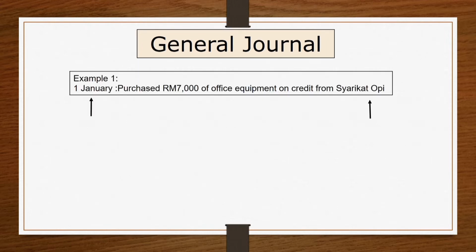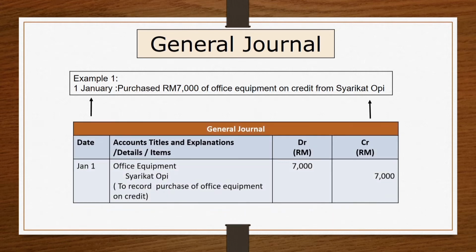Okay, look at the format for general journal. And this is the format for general journal. The first column represents the date of transaction.